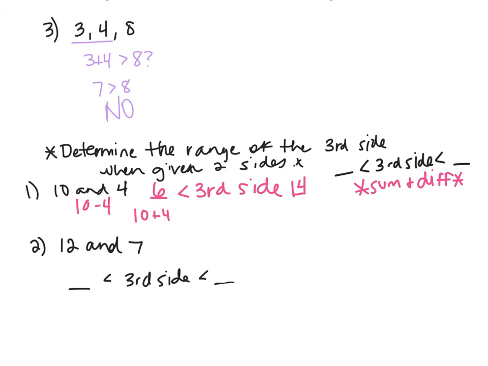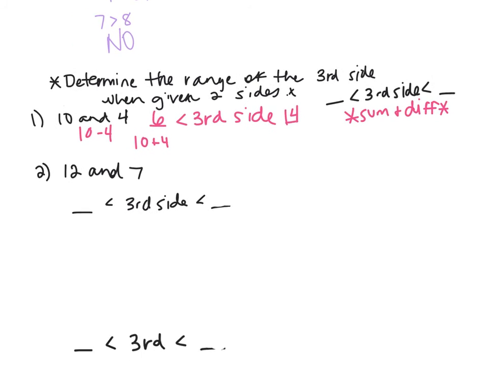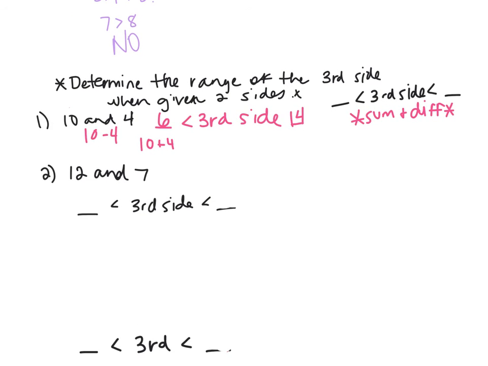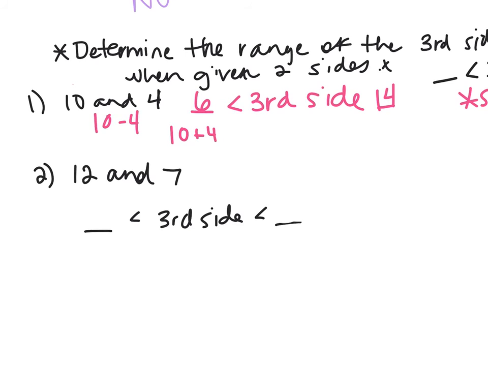So let's try another one. Okay, we have the side lengths 12 and 7. All right, we want to see what the range is. Okay, so we need to have the difference down here for the low end, and then the sum right here for our high end.